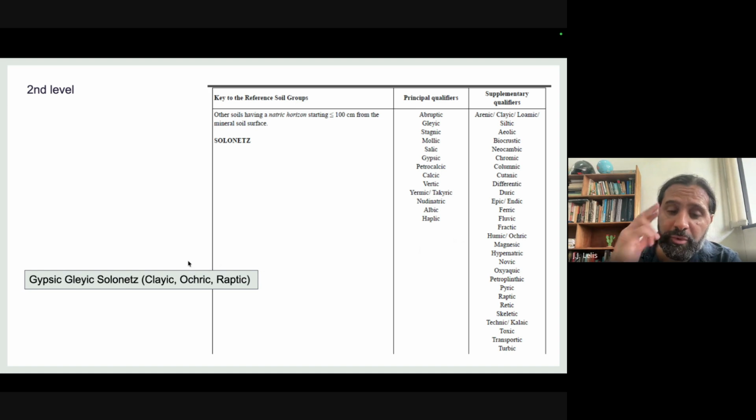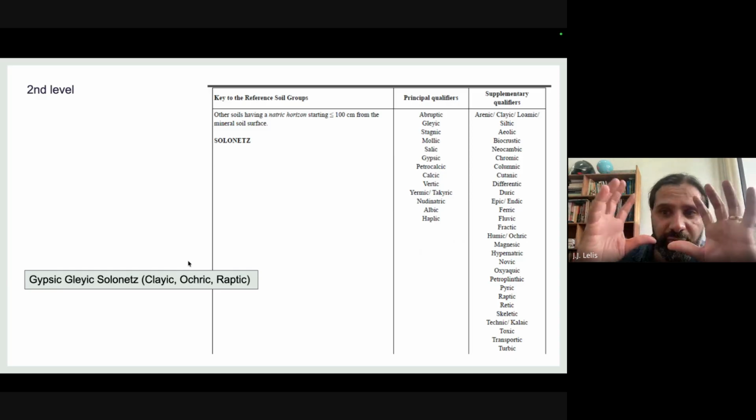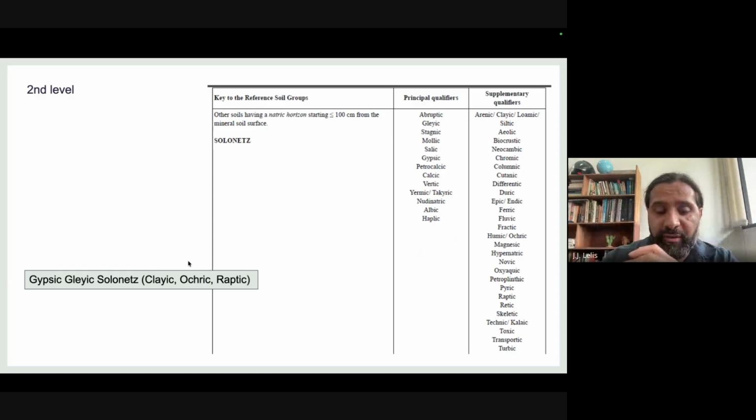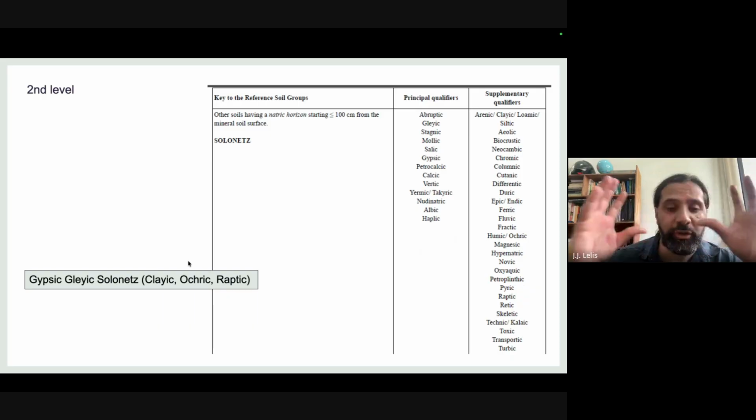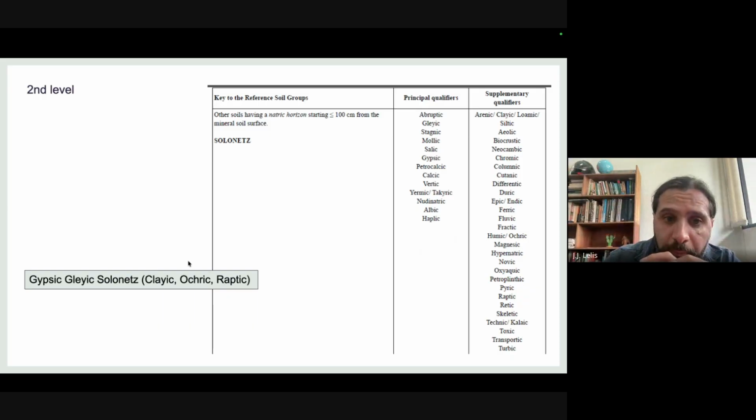Okay, you will see that some names in WRB could be huge, like we can add a lot of principal and supplementary qualifiers, and because of this the name could reach a huge size, but no problem because it is expressing a more complex process.